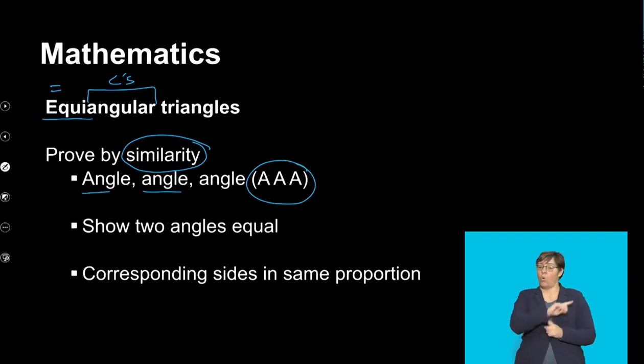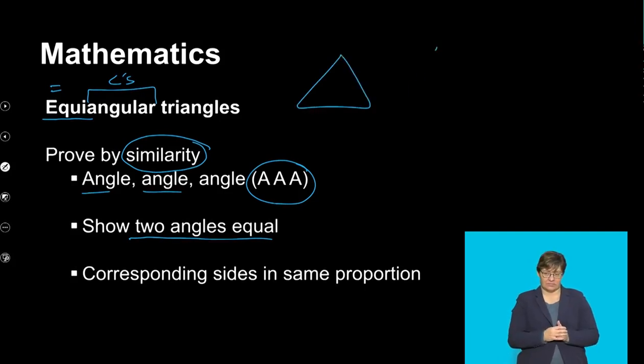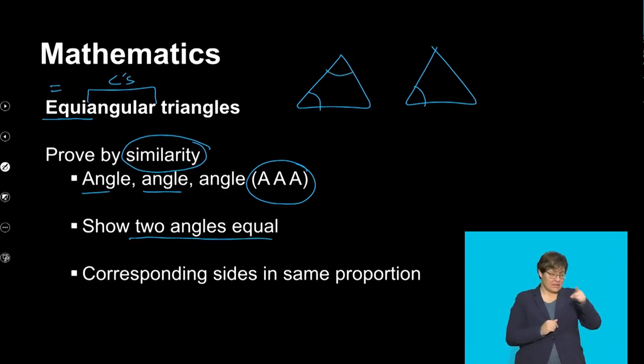But you don't need to show all three of them. You can just show two angles to be equal. I promise you, the third one will be equal. So quickly, this is what I mean. If you say this is equal to that, and you say this is equal to that, automatically this will be equal to that there. So that's what I simply mean, right? You just need two. And as a result, corresponding sides will be in the same proportion.